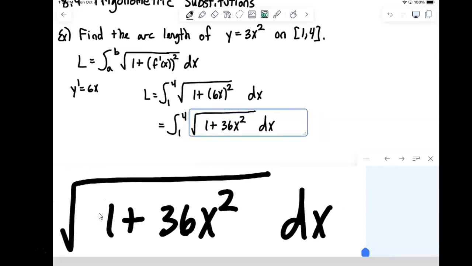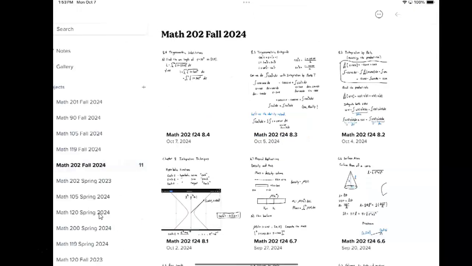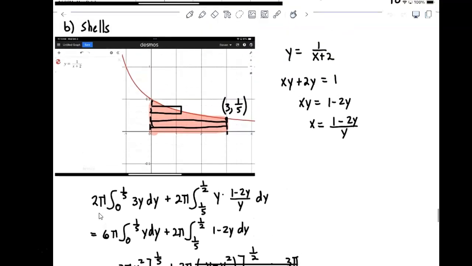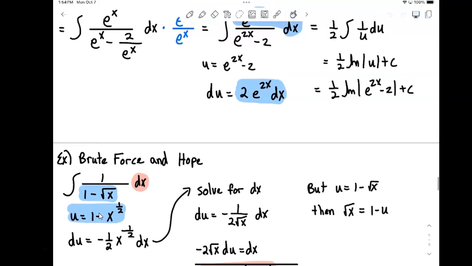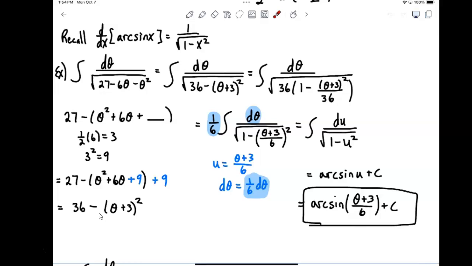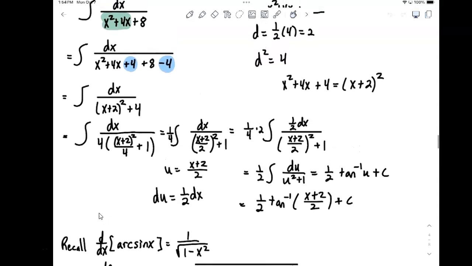We were able to manipulate a few things in the past, back in 8.1, where we were even able to complete the square, but that was because the whole thing was fitting the format of the antiderivative of arc sine in that example, or, as it was in the previous examples, the antiderivative of the inverse tangent.